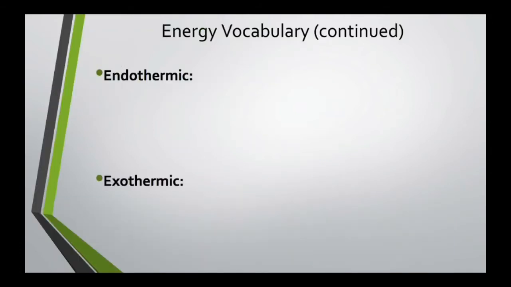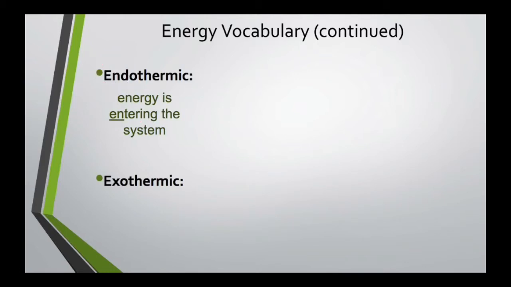And so let's go ahead and fill in the definitions for endothermic and exothermic before we move on to that Hess's law thing. So endothermic is a type of energy change or transfer where the system is gaining energy. Energy is entering the system. And I say it that way because entering just sounds like endo. So entering is endothermic.